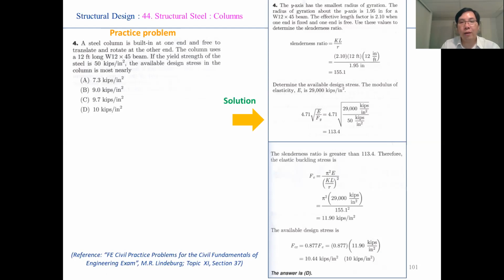So when you compare the final result of the available design stress with the different options in the beginning, you can find that the good answer is D for this practice problem.